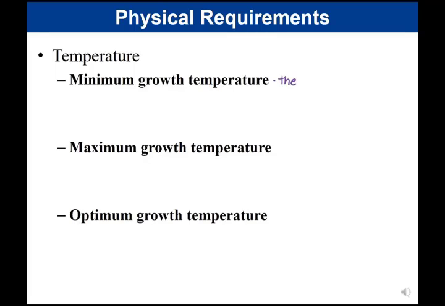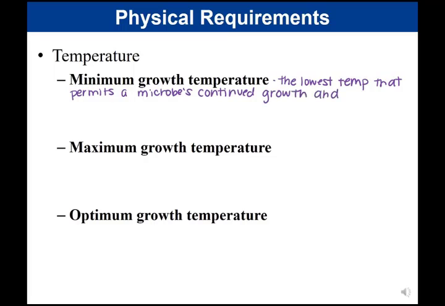This is the lowest temp that permits a microbe's continued growth and metabolism.